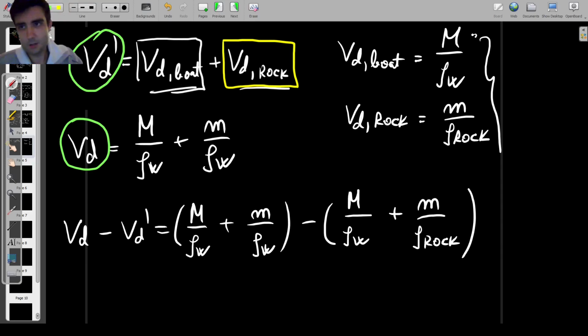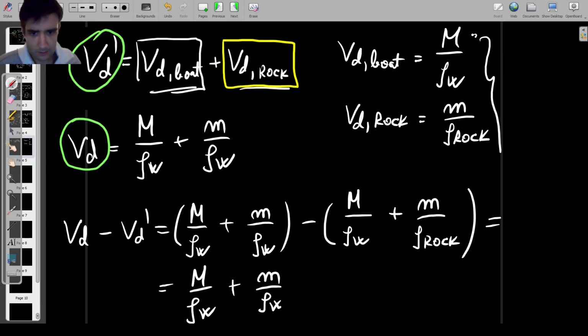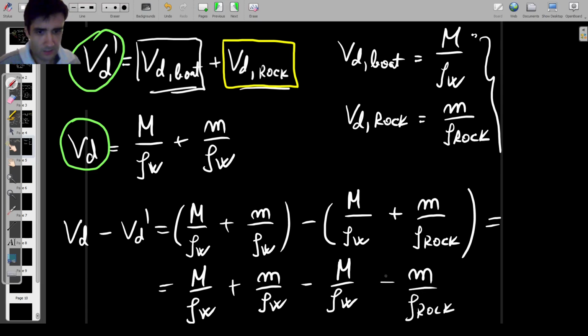Now, if you remove the brackets, the first two terms stay the same, but then you end up with a minus here, and you can see that two of the terms actually cancel out. So this one and this one cancel out, and we're just going to end up with these two terms.